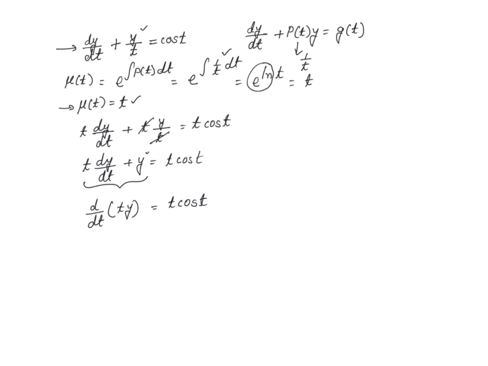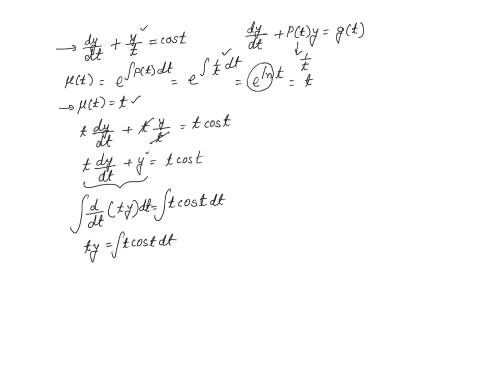At this point, I can go ahead and integrate both sides with respect to t. On the left hand side, derivative and integral are going to cancel each other. That's going to leave you with ty. And on the right hand side, I have integral t cosine of t dt.